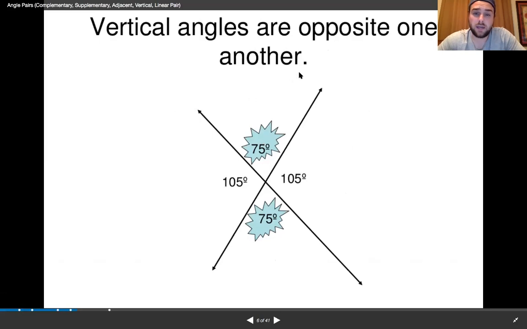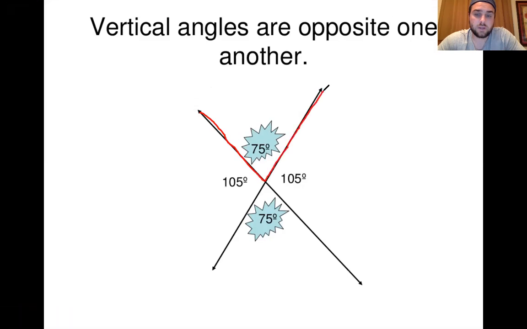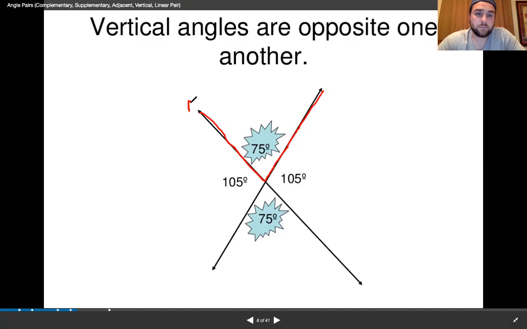So if we're looking at this angle right here, say we named it B, in the middle here is G, and on the outside we put T: BGT. The vertical angle for this one would be, and I'm going to make this a different color, on the opposite side.